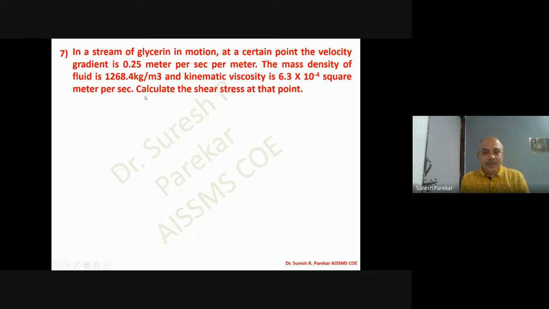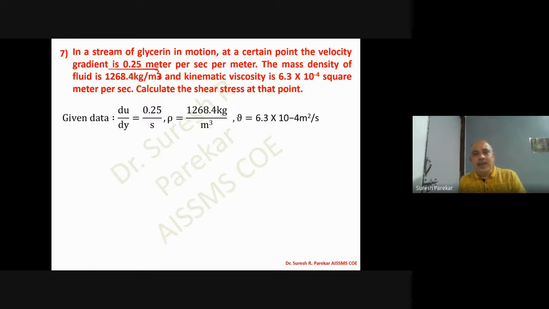Now if we go with the given data first, this is meter cube. We have given du by dy, rho is given and nu is given. So by using the relationship between rho and nu, nu is equal to mu by rho.